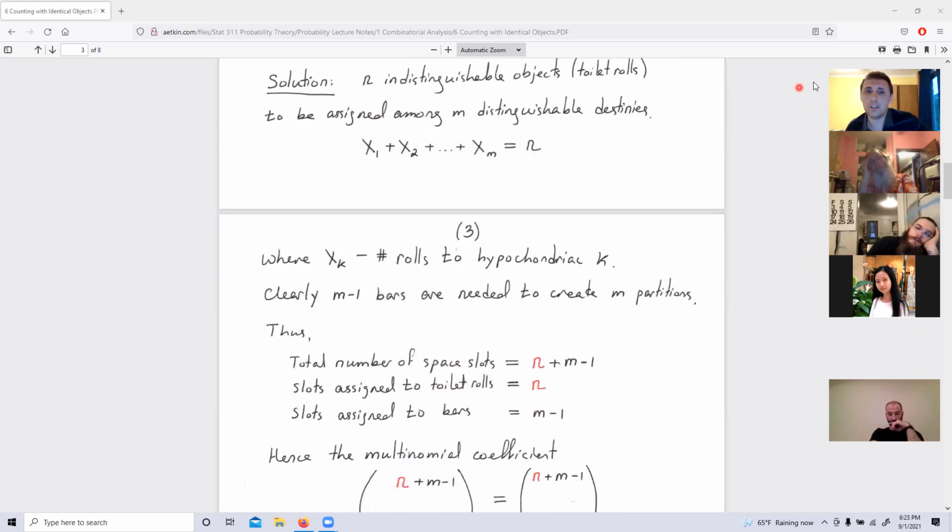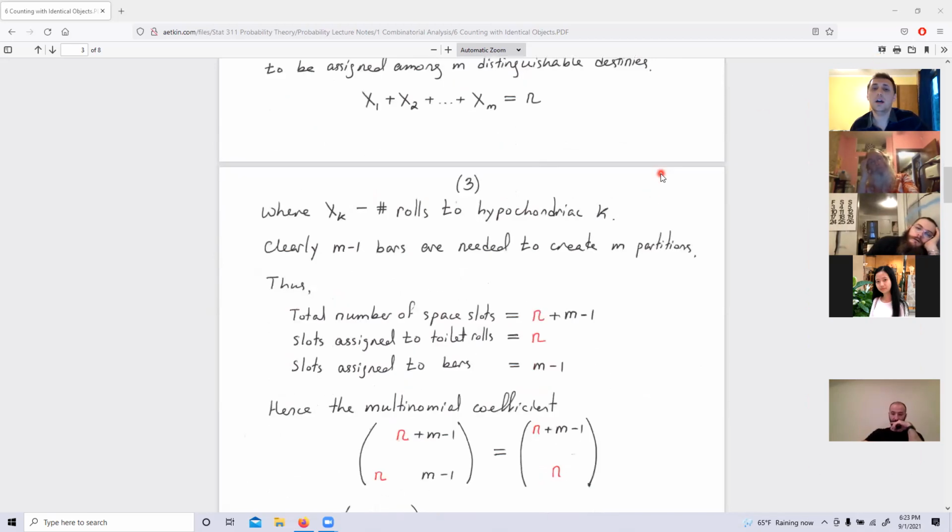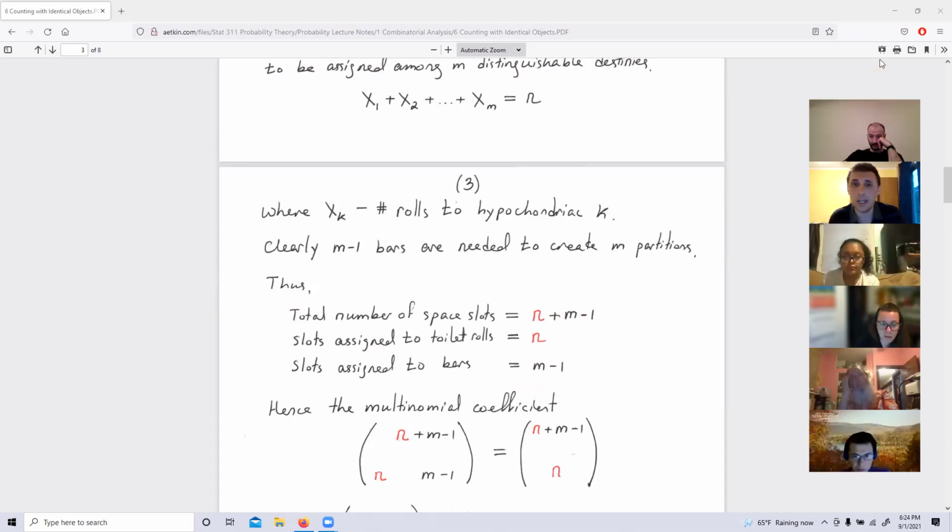If that's the general situation, on the conveyor belt, we have to have n spaces allocated for the objects and m minus 1 spaces allocated for bars. Do you agree? We have the objects, the toilet paper rolls, and the bars. Since the bars are meant to divide the objects among the individuals, and we have m individuals, we have to divide into m segments. 1 bar divides into 2 segments, 2 bars into 3 segments.